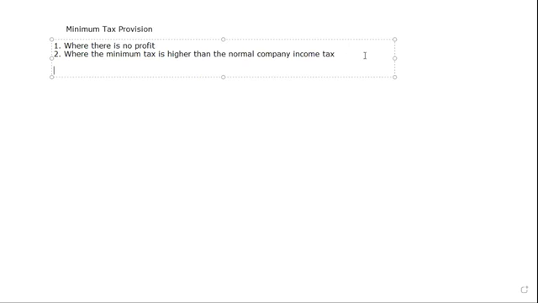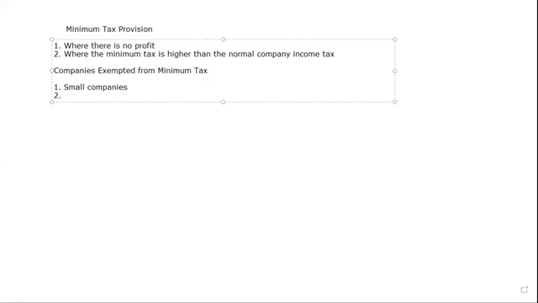Any question? Now, the idea of minimum tax: we have companies exempted from minimum tax. Number one, small companies are exempted from minimum tax.